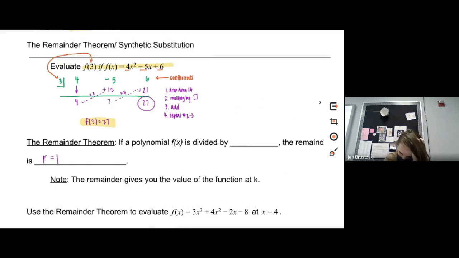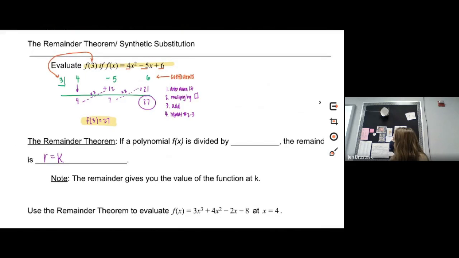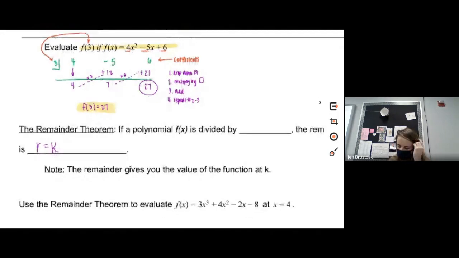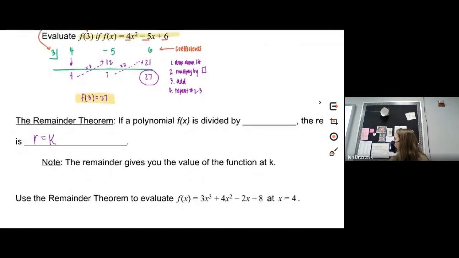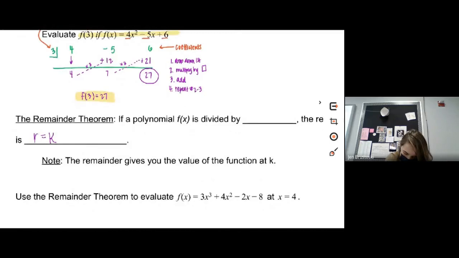I know this is r equals k, but whatever it is, this number over here is the remainder. I can't remember what goes in that box, if I'm being honest. As long as you know that the remainder is the value of the function, then that's what's important. So let me go ahead and write that down.